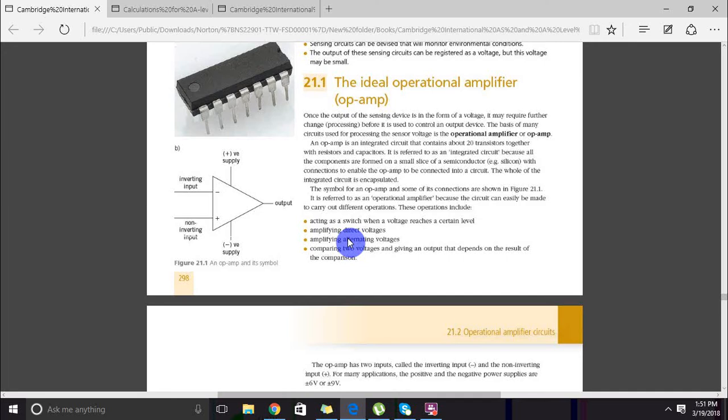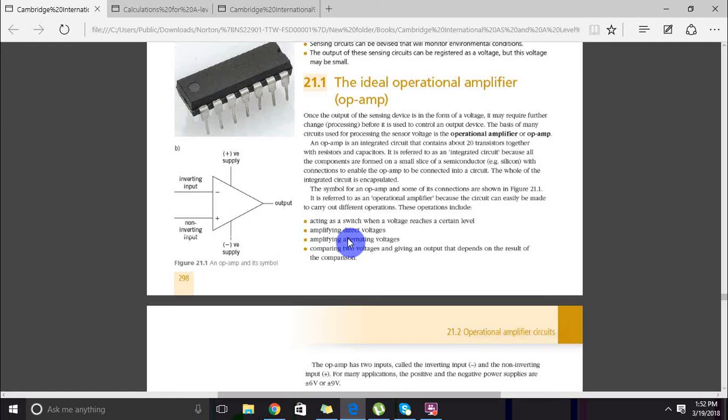It can compare two voltages. The voltages that it's going to be comparing are the inverting input and the non-inverting input, right? And the output is going to be a result of that comparison. So: comparison of two voltages to give an output, right?